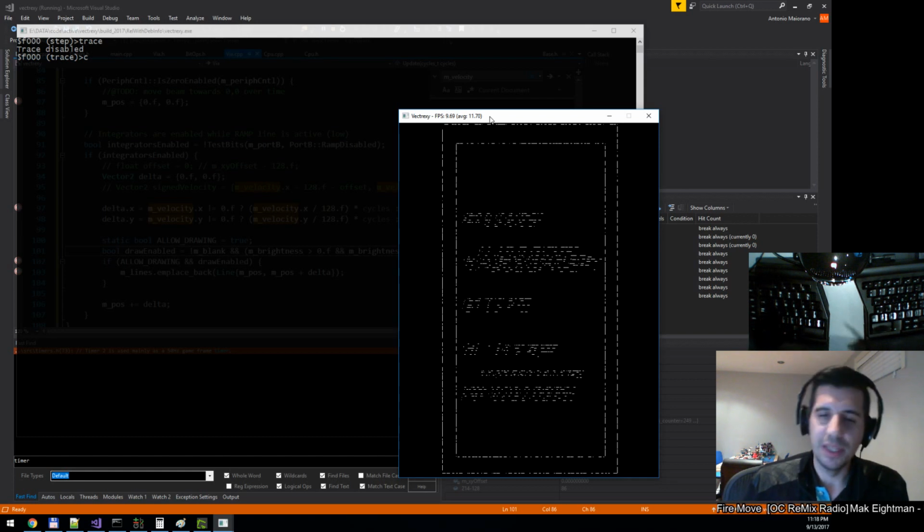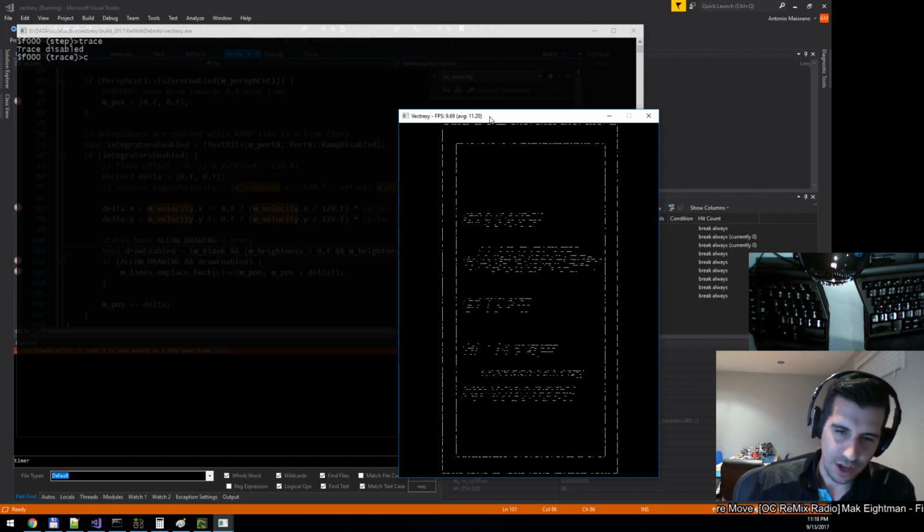Ultimately what I need to be doing is not drawing lines like this. This is my quick and dirty solution to just getting lines on screen, where I just make a big vector of lines. But what I need to really be doing is drawing into a pixel buffer, and the pixels have a lifetime associated.